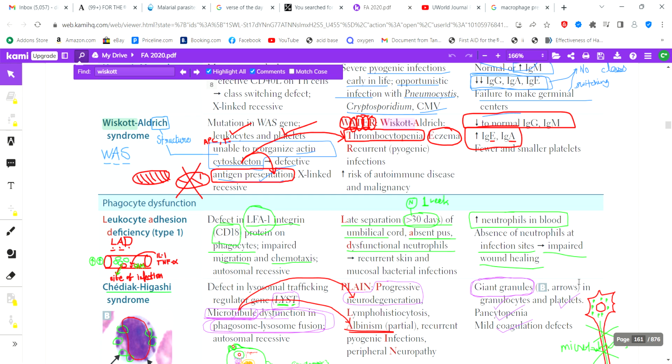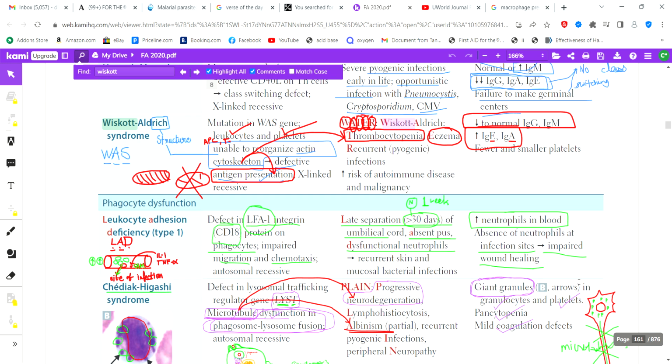They lack actin cytoskeleton, so the antigen cannot be presented. So there are increased infections. The antigens will thrive in Wiskott-Aldrich syndrome. Recurrent pyogenic infections, because this Aldrich syndrome targets the APC and the T cells and the platelets.